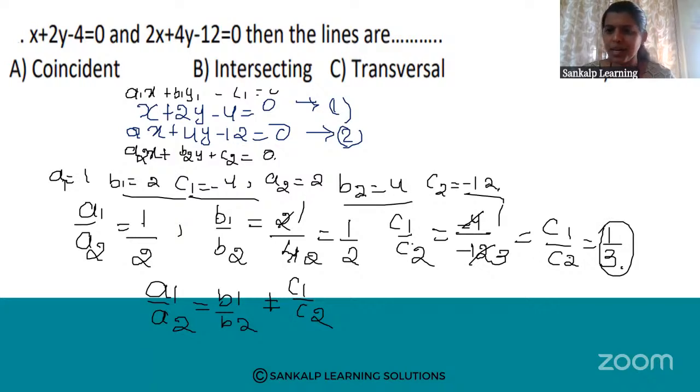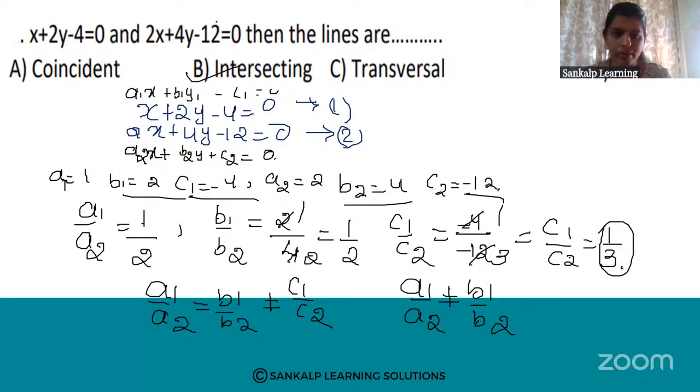This is not equal to a1 divided by a2 and b1 divided by b2. Therefore, when the condition is a1 divided by a2 is not equal to b1 divided by b2, that time two lines are intersecting each other. Therefore, option B is right.